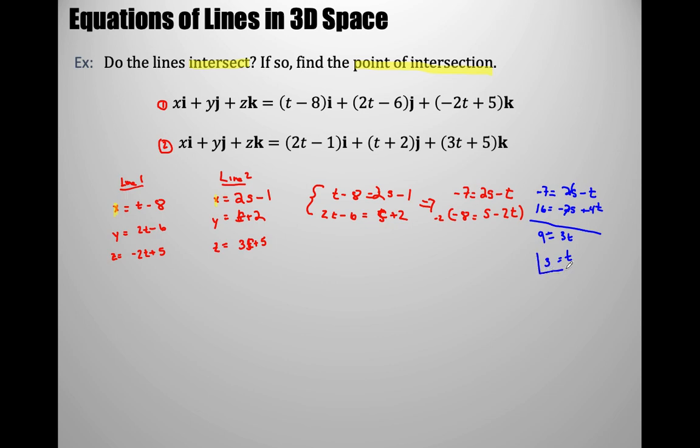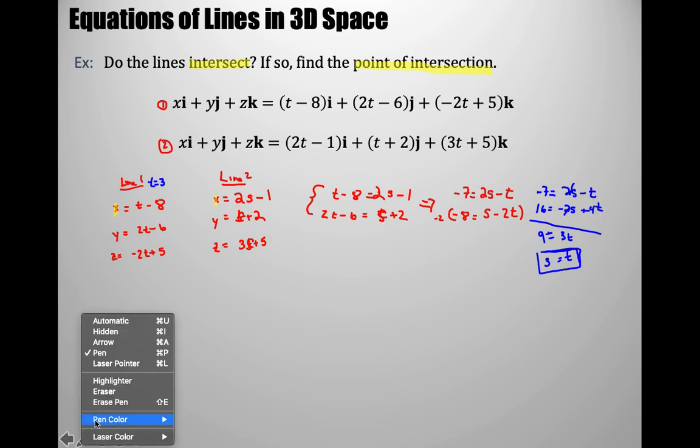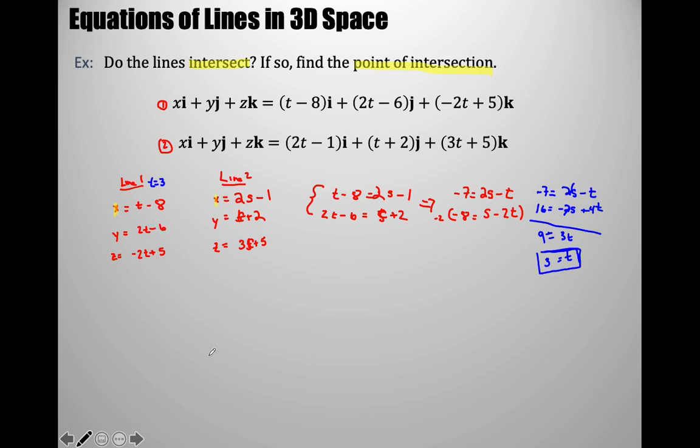What do you do with that now? That's the time. I keep saying same time, but I mean same location. So this is the time for line 1. To get to the same position, what does s have to be? I think I'll go back up to this equation and say -7 needs to equal 2s minus 3.